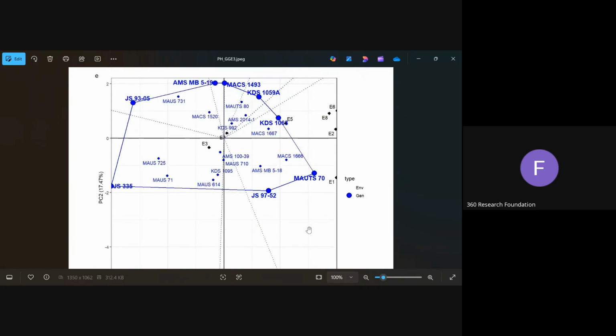So the interpretation for this graph is simple. Whatever genotypes are present inside the polygon were relatively more stable. Listen to the statement first: whatever genotypes are present inside the polygon are relatively stable, but they are not suitable for any specific environment.